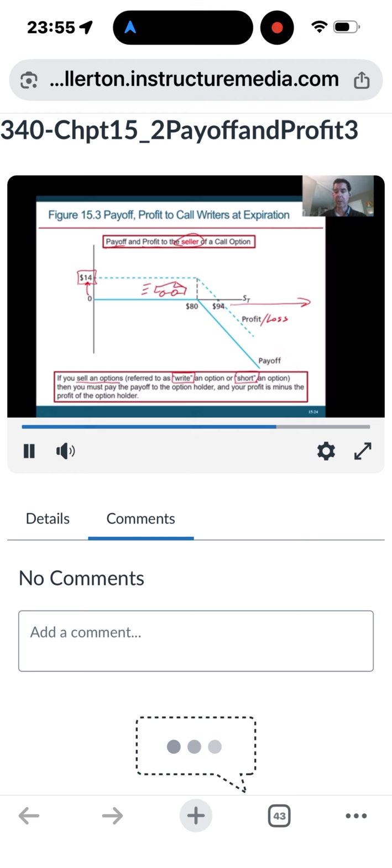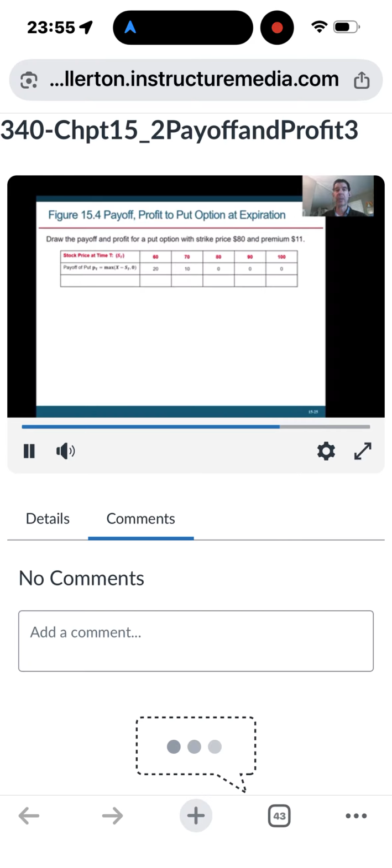On the other hand, we just said before that if you buy an option, your losses are limited, okay? You can never lose more than the price you paid for the option. On the other hand, if you sell an option, then you have unlimited losses. Okay, so I wanted to just briefly show you this and introduce that terminology. Let's jump to a put option. Let's see what the payoff and profit diagram looks like for a put option.